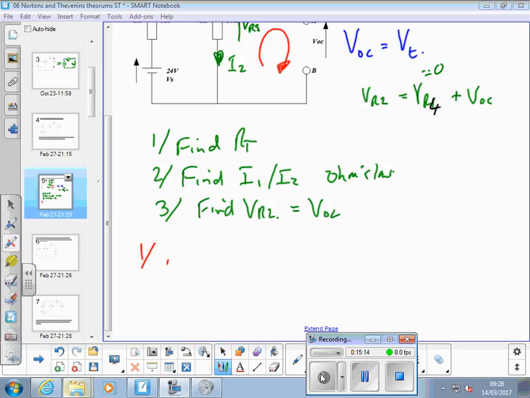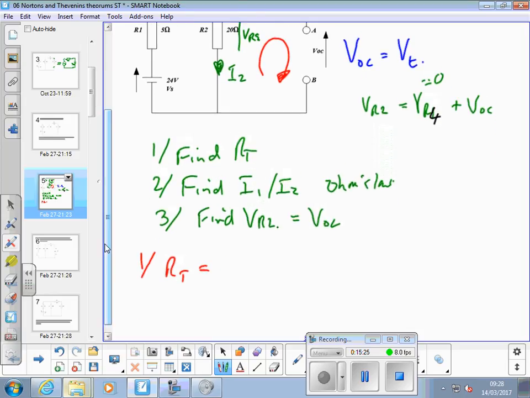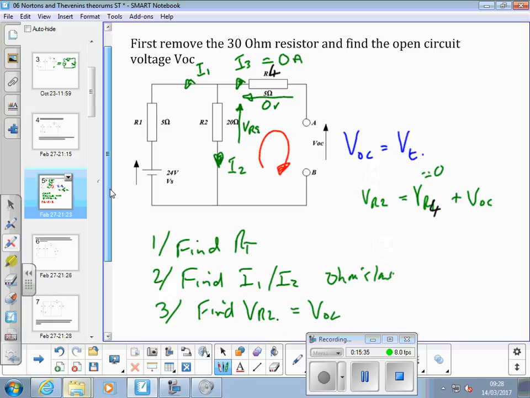Right guys, how do we go here? RT is equal, in this instance, 5 is R1. R3 doesn't exist, we're taking R3 out.